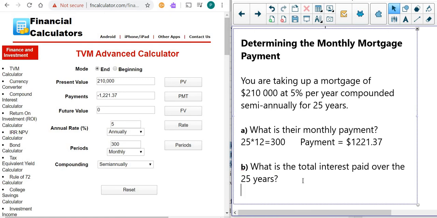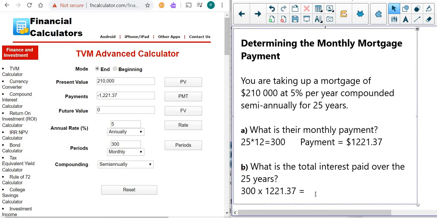So the way we do this is that we have to calculate how much did you pay. So we know that we have 300 payments. We're going to multiply this by how much is each payment. And we're going to find out how much you've paid over the course of 25 years.